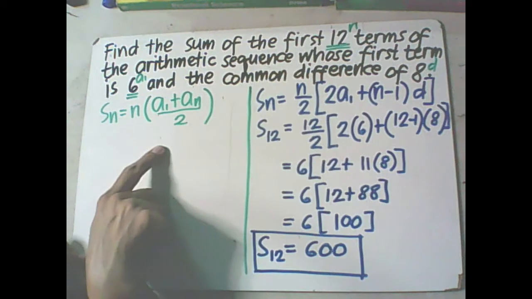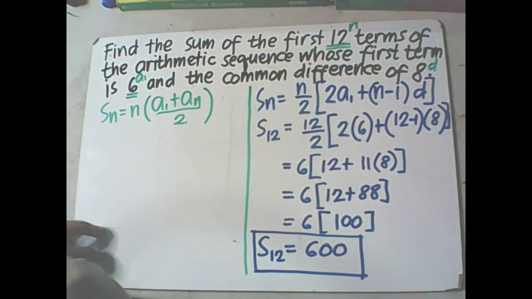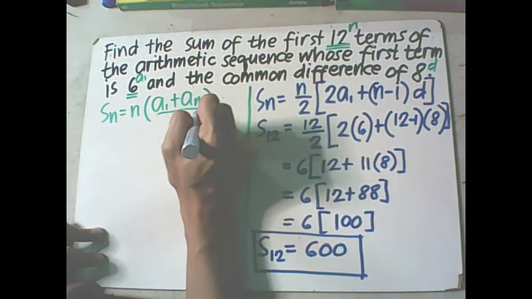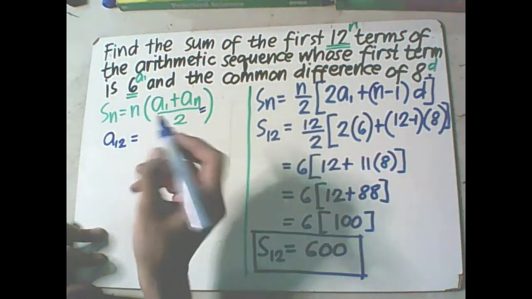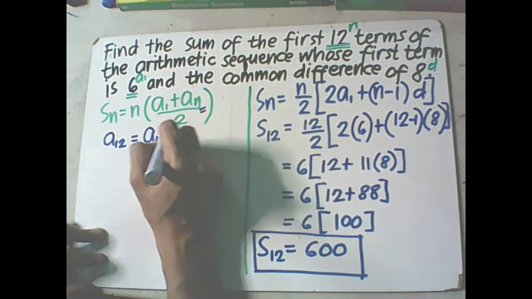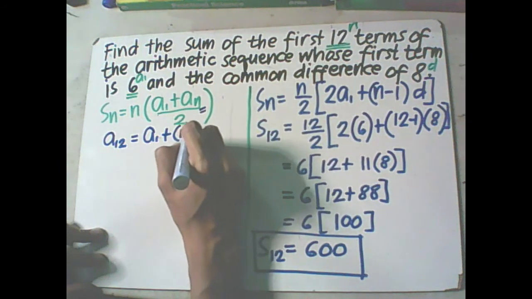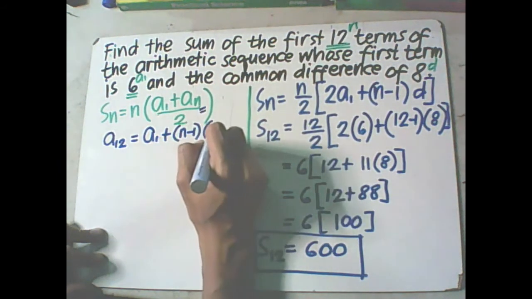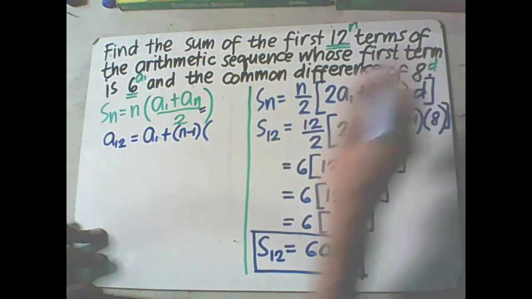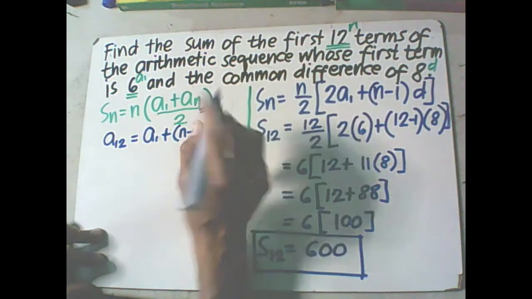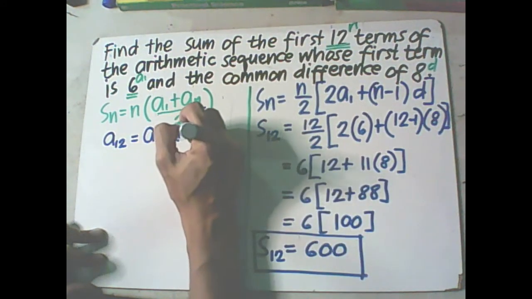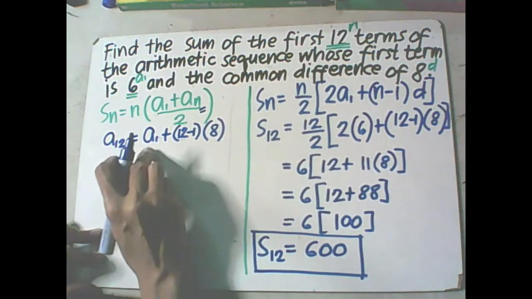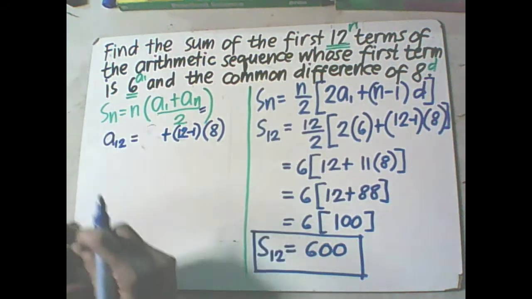How about this one? Can we use this one as well? The first thing that we need to do is to find the 12th term. How do we get the 12th term? A sub 12 is equal to a sub 1 plus n minus 1 times d. The d here is 8. What again is our n? Our n is 12. What is our first term? The first term is 6.